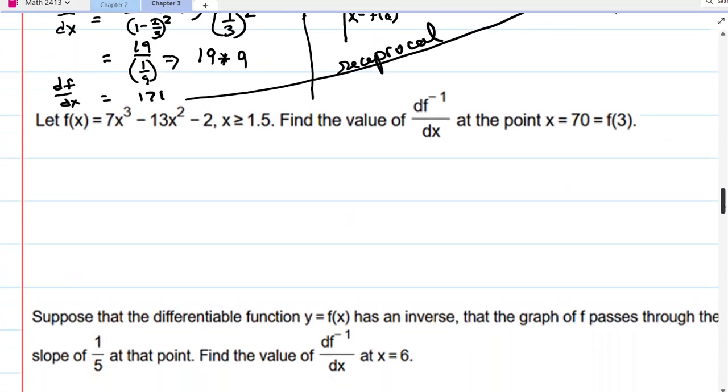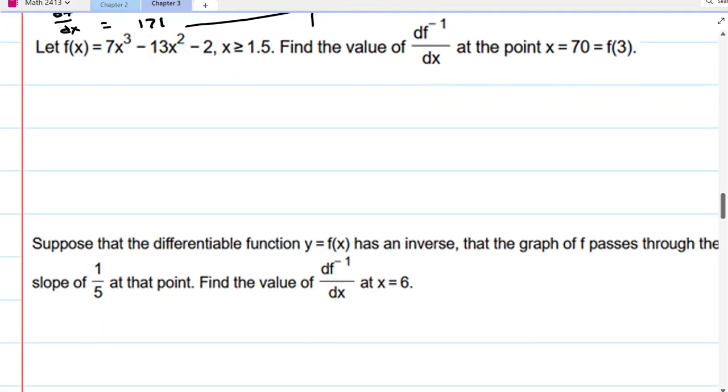Now we have this consideration. Let f of x equal a polynomial. Oh, great. I was tired of the quotient rule. 7x cubed minus 13x squared minus 2, where x has to be greater than 1.5.